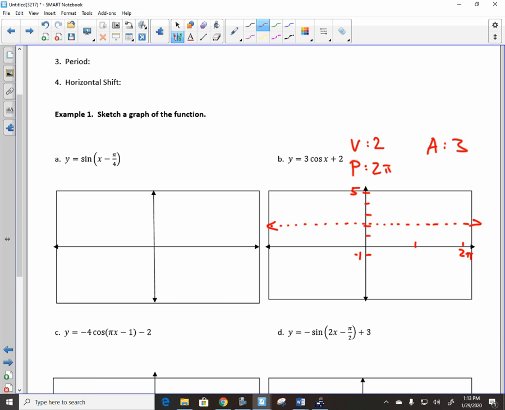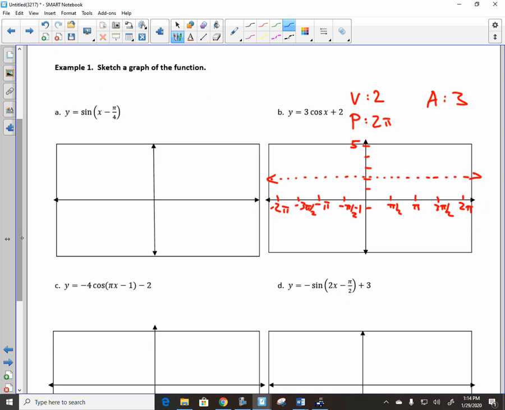Mark off 2 pi, pi over 2, 3 pi over 2. Okay, looks like everybody's good to go.